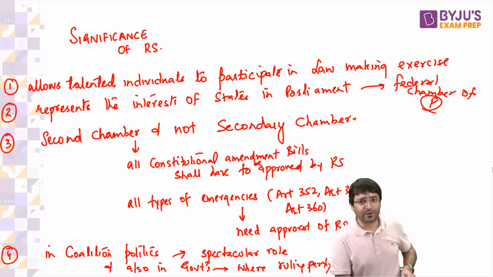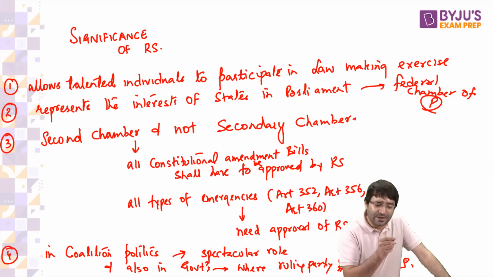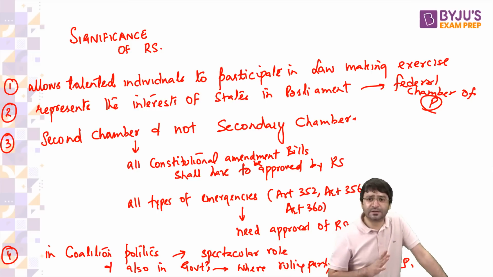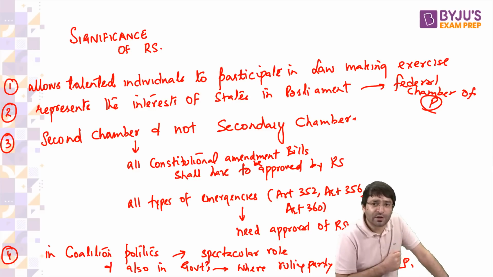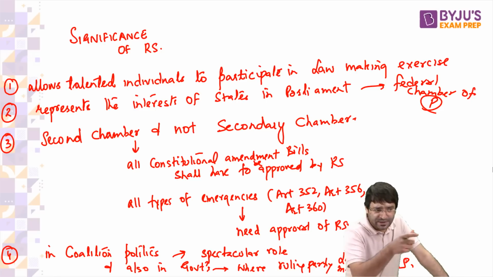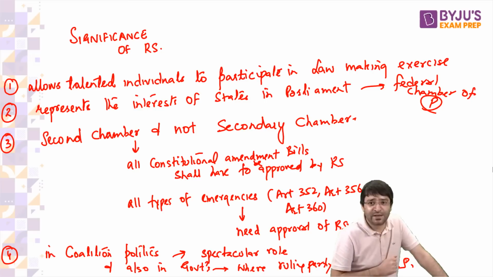Listen to me carefully. How are these MPs to Rajya Sabha elected? By the states. So in the Rajya Sabha from Tamil Nadu, majority MPs will be from DMK. But DMK got elected few years ago. Prior to that, there was AIADMK, which had the majority in the Legislative Assembly of Tamil Nadu.